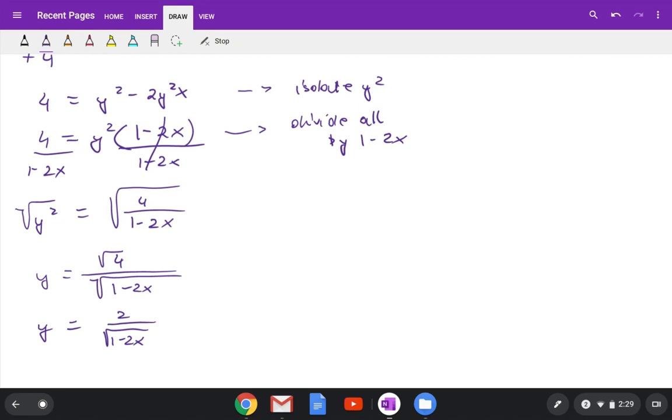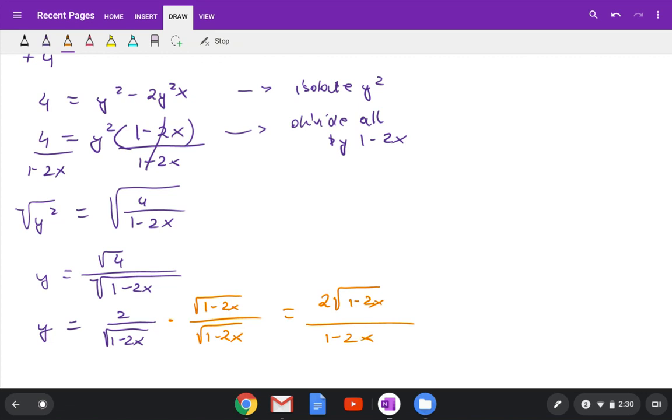Your textbook left the solution that way, okay? I'm not sure how my MATLAB wants you to keep the solution, but I teach you guys one extra step: usually we don't keep a radical on the bottom, so you should multiply top and bottom by the square root of 1 minus 2x. We should rationalize that denominator, and that will give you 2 times the square root of 1 minus 2x over 1 minus 2x.